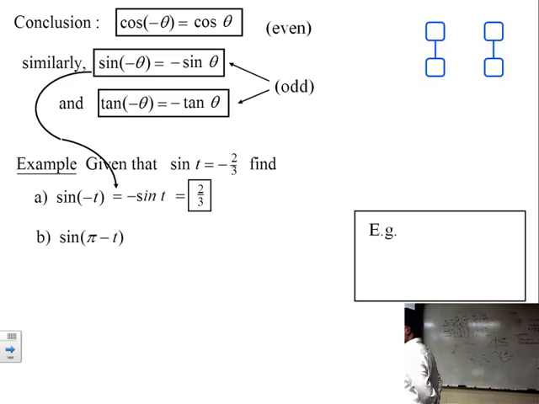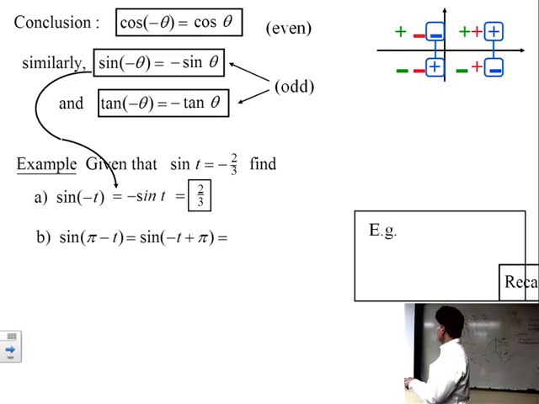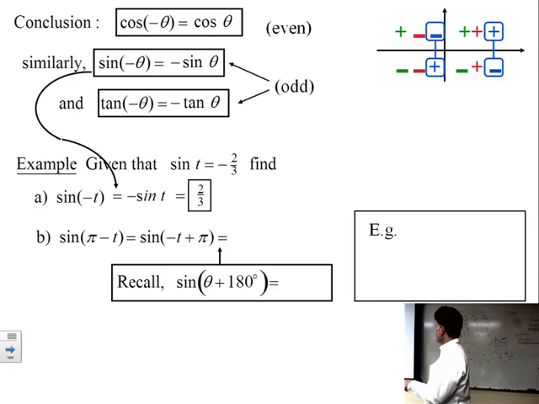Sine of pi minus t. Oh, gosh. Can you do this? Let's see what the slide says. The slide says it's sine of minus t plus pi. So, recall that the sine of theta plus 180 degrees, which is the same as pi, is equal to minus sine of theta.